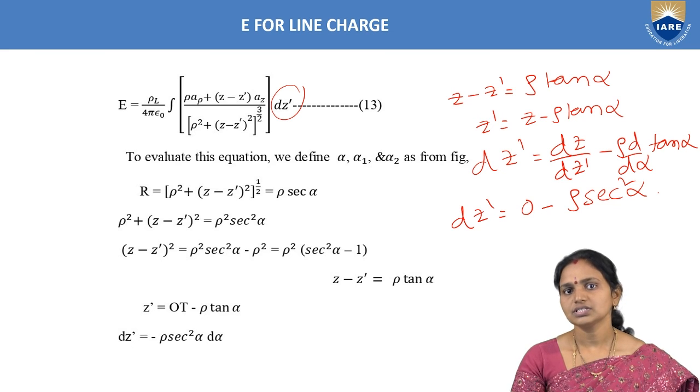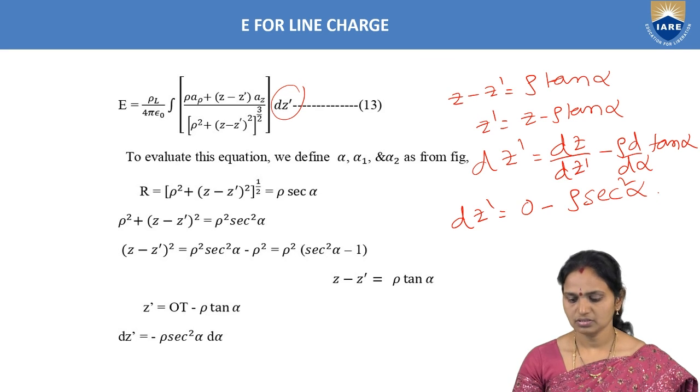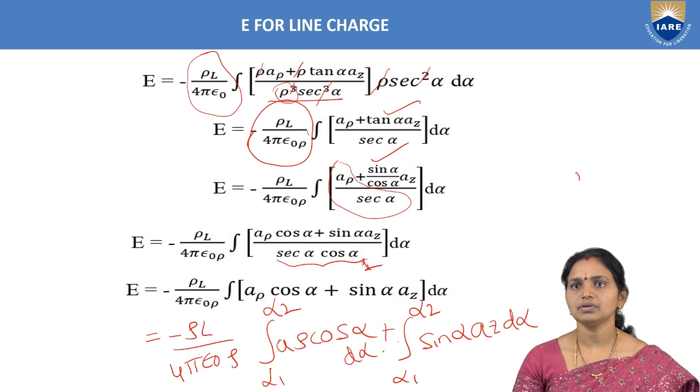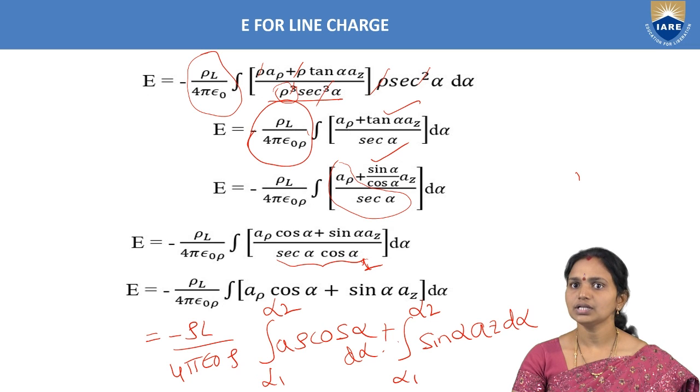So for the final equation we replaced all z dash and z terms with alpha terms. By replacing them and simplifying those terms, here dl we have considered as differential length along z axis, that we are taking as dl equal to dz dash.